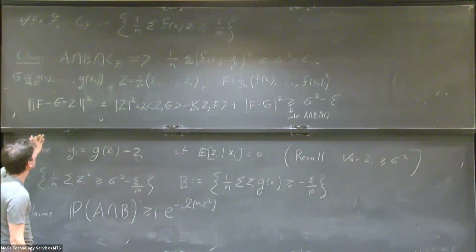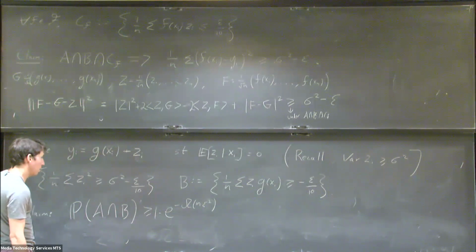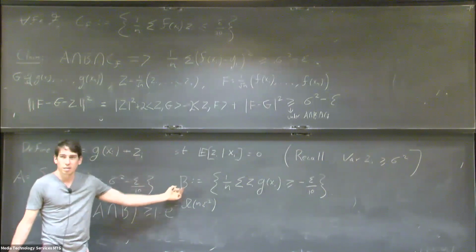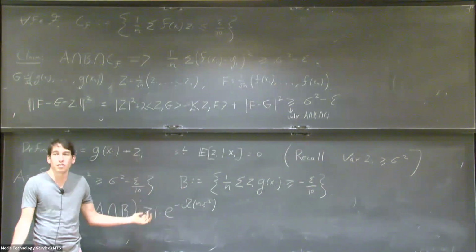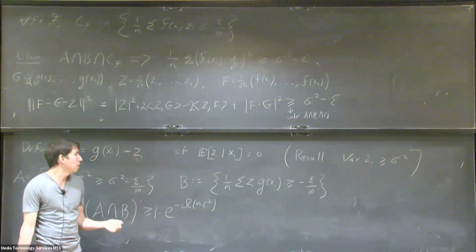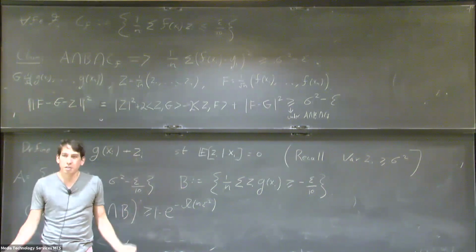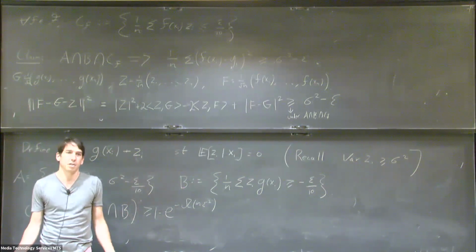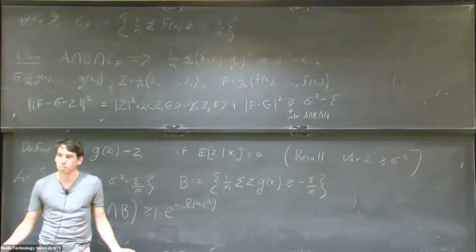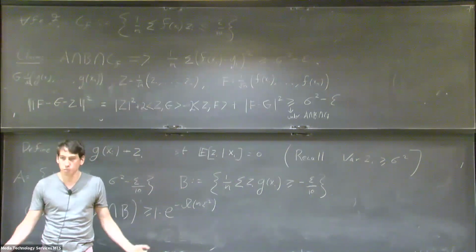So look, we have A and B. They have high probability and they don't depend on F. If we just establish that C sub F has a very high probability for every F, then we'll be able to cover F and use a union bound.